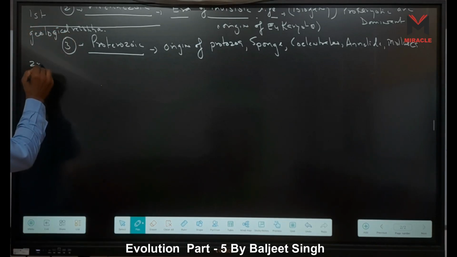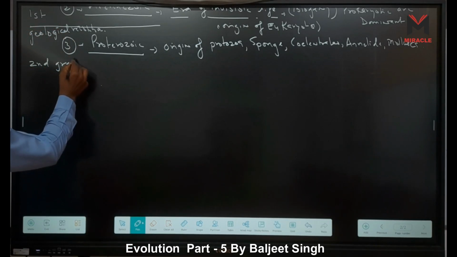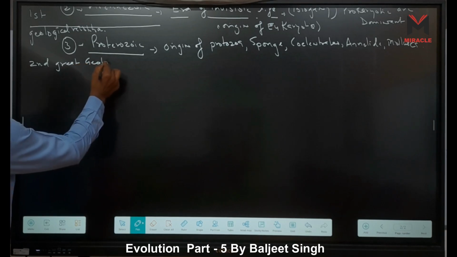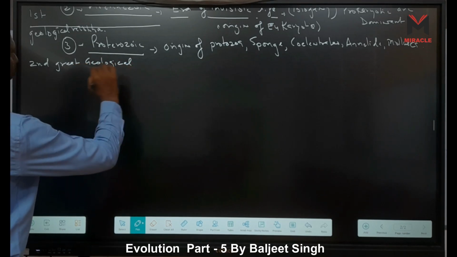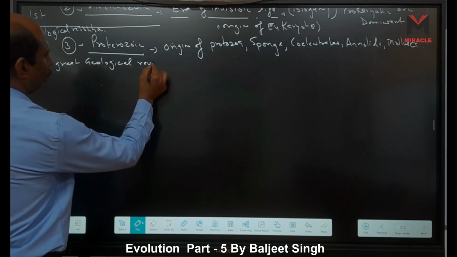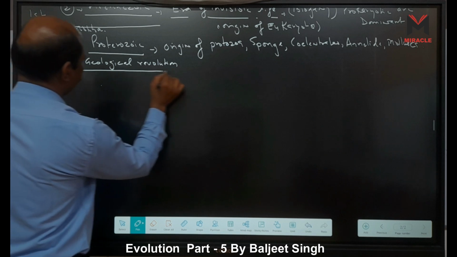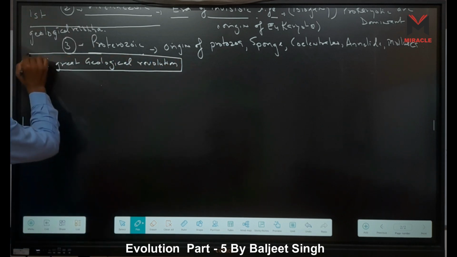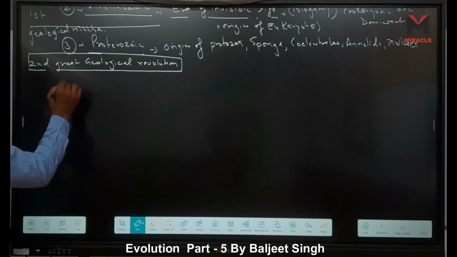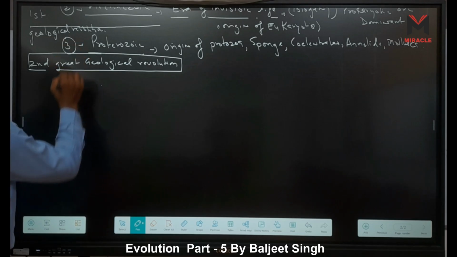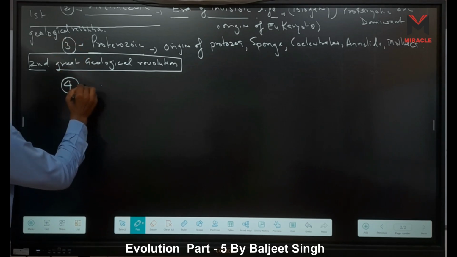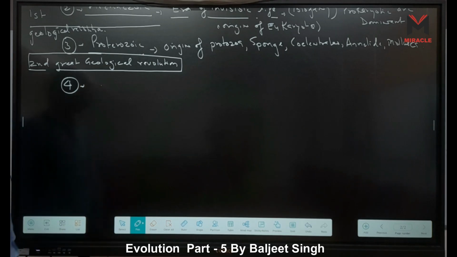The second great geological revolution. Then what happens? That is our Azoic, Archaeozoic, Proterozoic, and the fourth era is our Paleozoic.